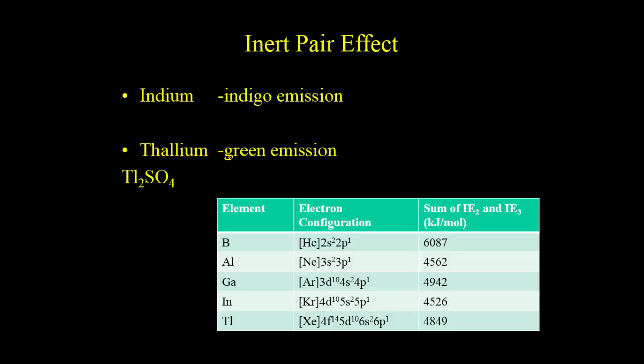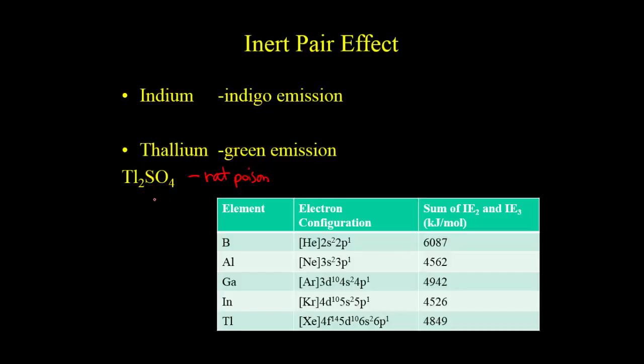Thallium was similarly discovered by its emission. It gives a green color, and thallus means green, so hence the name thallium. The thallium compound, though, like thallium sulfate, used to be used as rat poison, since thallium is highly toxic.